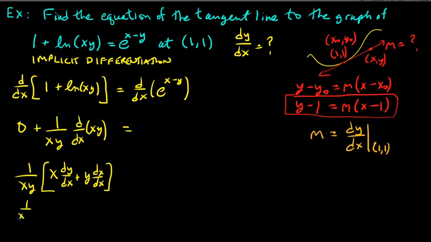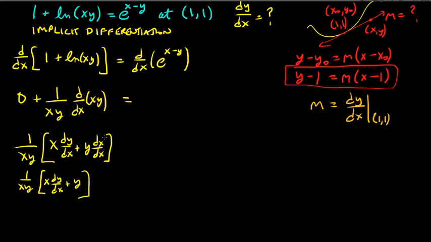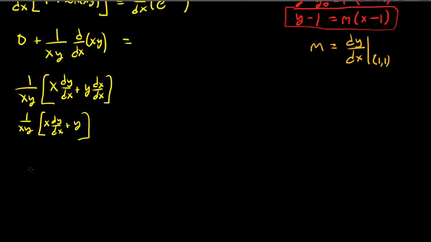So we get 1 over xy times (x times the derivative of y plus y). Again, derivative of x is 1. Running out of space here, but let's distribute the 1 over xy. So we get x over xy times the derivative of y, plus, not equals, y over xy.